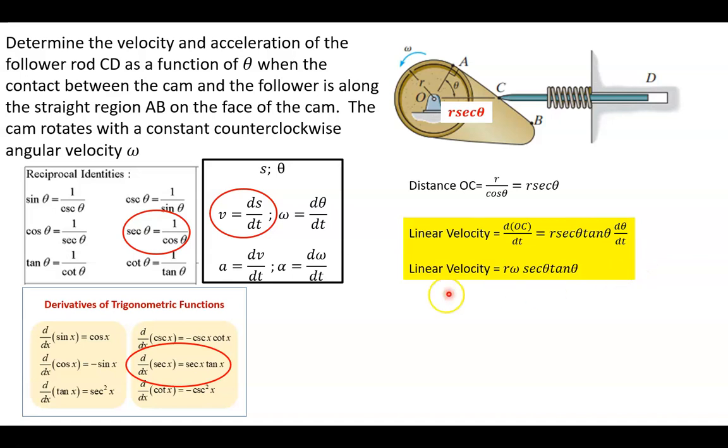acceleration of the follower. So in order to do that, we're going to need the derivative of the velocity. We're going to end up having to take the product rule, but it's going to be a compounded product rule of omega times the secant of theta times the tangent of theta, and then there's going to be the chain rule on top of that.